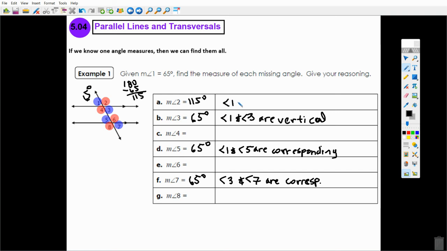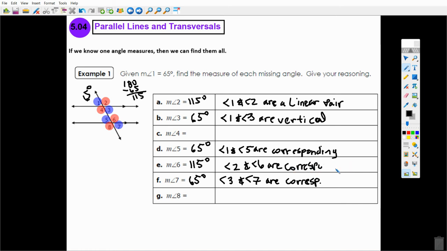So angle 1 and angle 2 are a linear pair. Okay. And now that I know 2, I know 6. 6 and 2 are the same color. They're also called corresponding. This is 115. Angle 2 and angle 6 are corresponding.